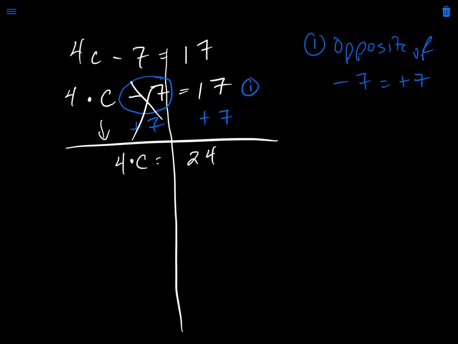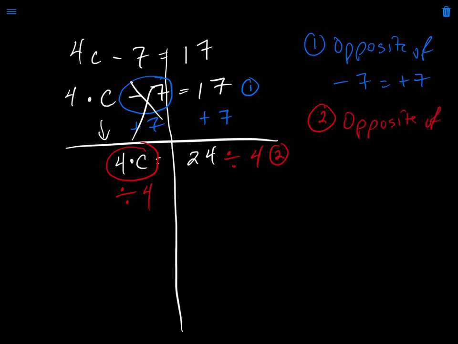Now, the next step, step 2, I'm going to do the opposite of multiplying by 4, which means I'm going to divide by 4. But what I do to one side, I do the same to the other side.